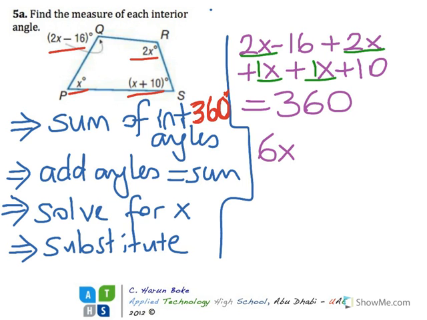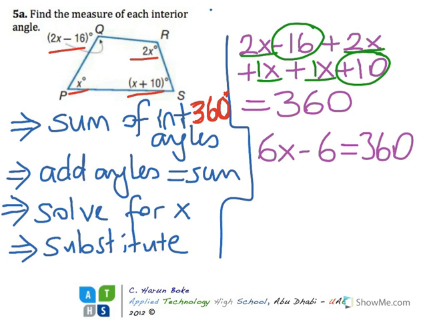And then we have minus 16 plus 10, which makes minus 6 equals 360. If you solve this equation, you get x to be 61. So x is 61 degrees.